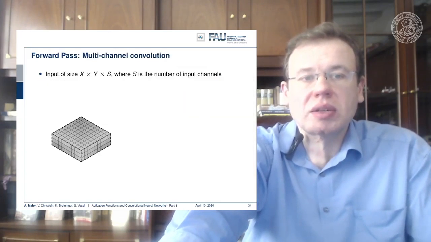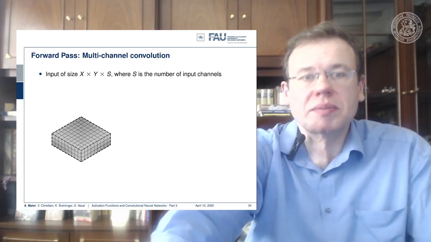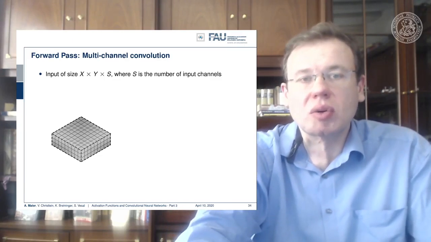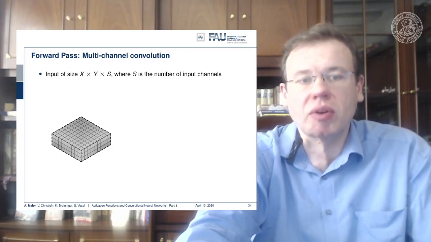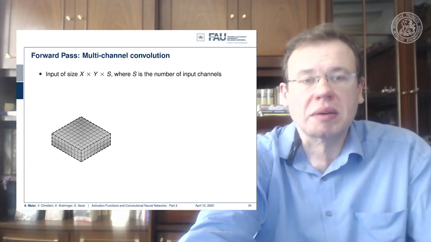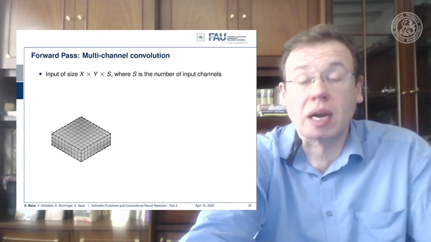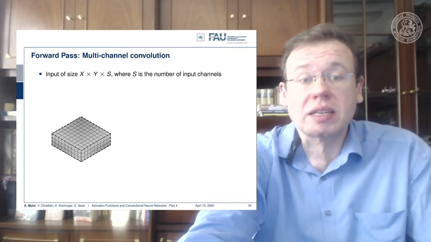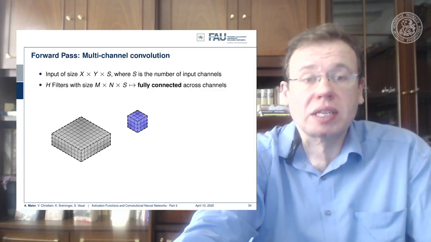So then you get some forward pass, and you actually don't have to implement it with the small convolution kernels. You can also use a Fourier transform to perform the convolution. So you have the input image. Let's say it's a multi-channel image where, for example, S is the number of colors. So you apply a 3D filter.